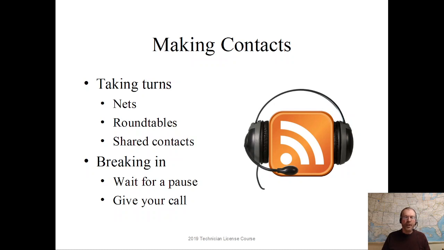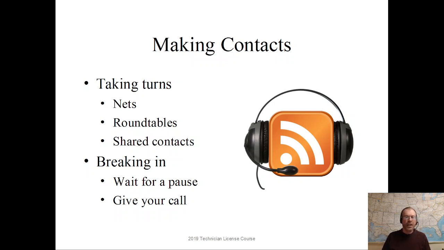Let's say it's a weather net and people are exchanging weather information. When I check into that net, I should know that it is, let's say, the regional weather net, and that net will have a net control station, or NCS, which is in charge of running the net.